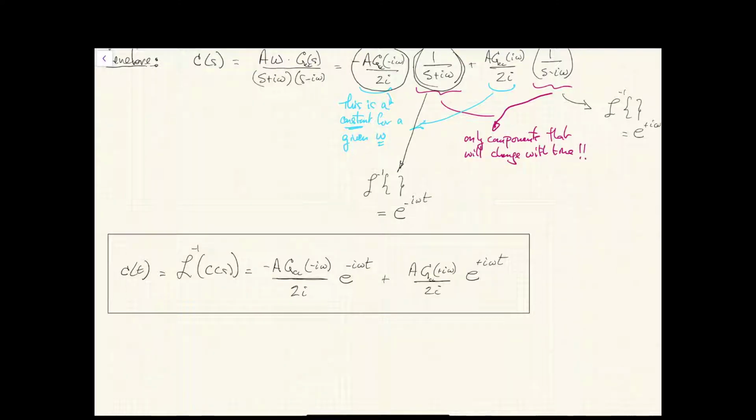And of course, if I'm dealing, say, with a crossover network of a speaker, and this is the amplitude of the sound that I'm getting for a given input R of t, the electrical sinusoidal input going into the driver, then that sound is a real thing, right?